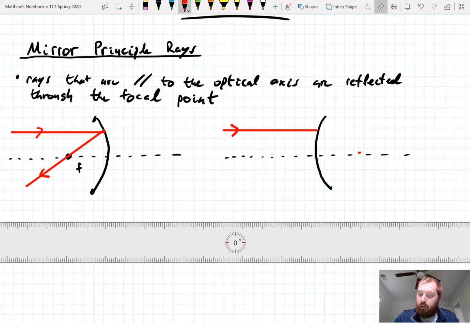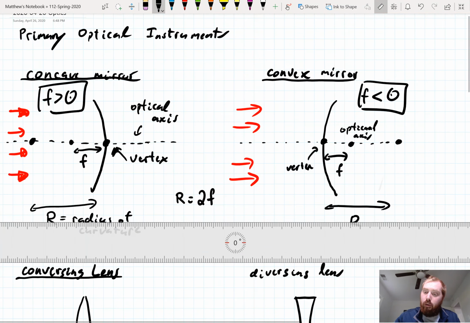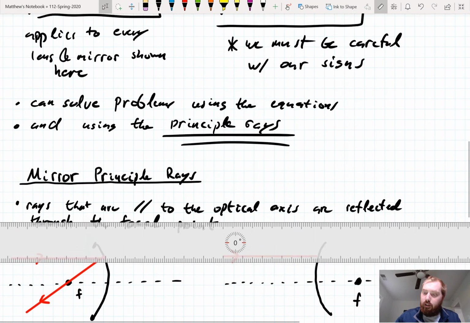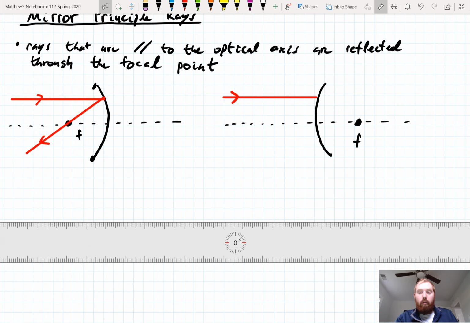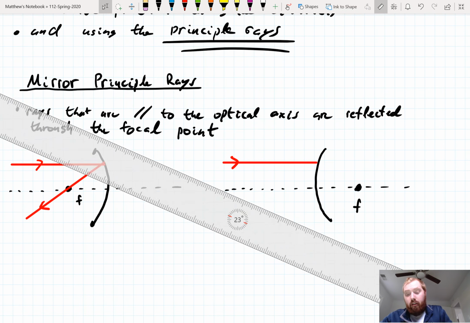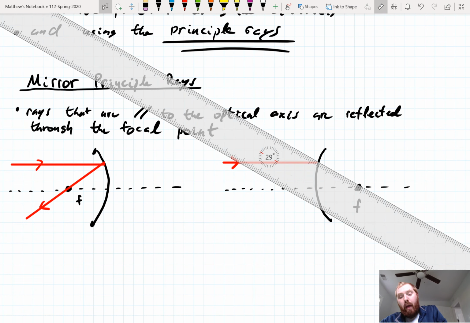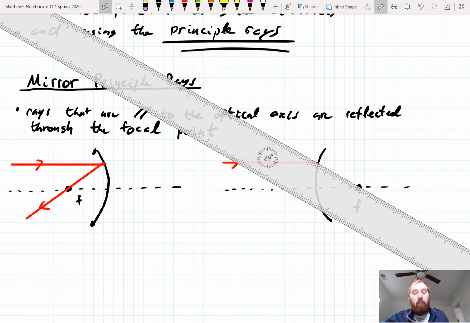The focus is behind the mirror. Did I draw that right the first time? Yes, I did. All right, good. The focus is behind the mirror, and it has to be reflected through that. Well, since this is a mirror, it can't pass through the mirror. It's got to reflect.